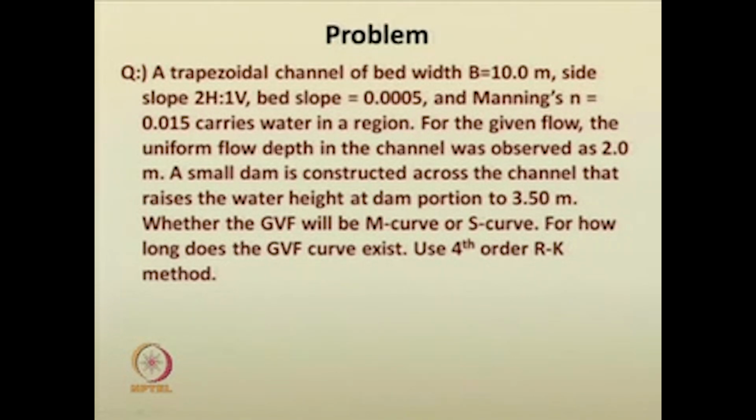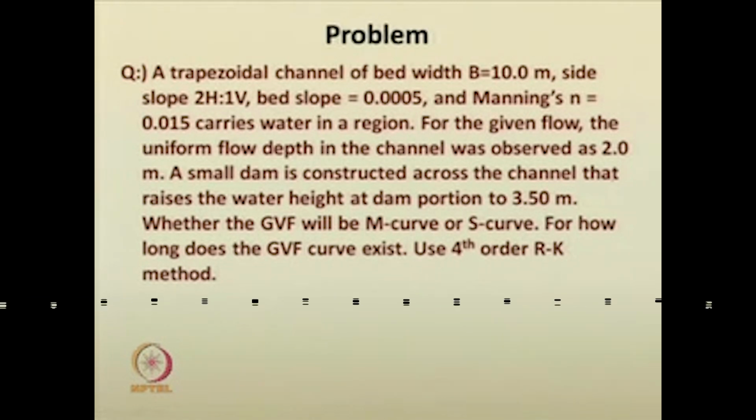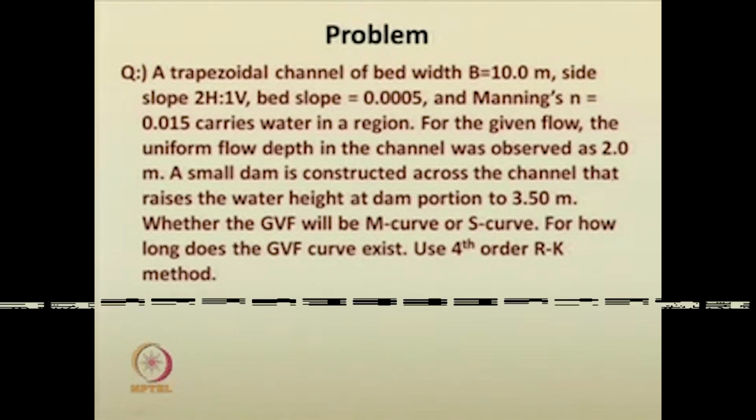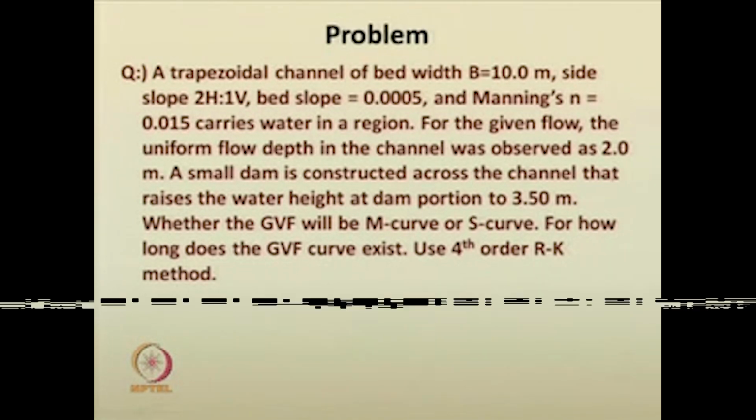For the given flow, the uniform flow depth in the channel was observed as 2 meters. A small dam is constructed across the channel that raises the water height at dam portion to 3.5 meter. Whether the gradually varied flow profile will be a M curve or S curve.